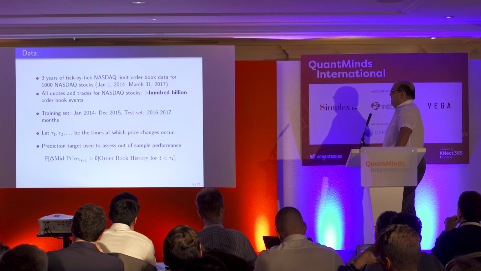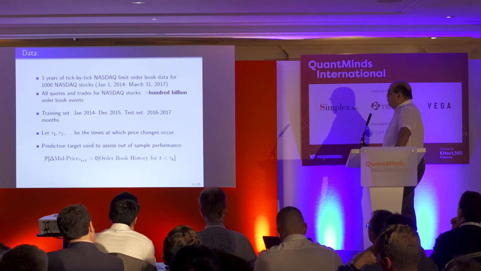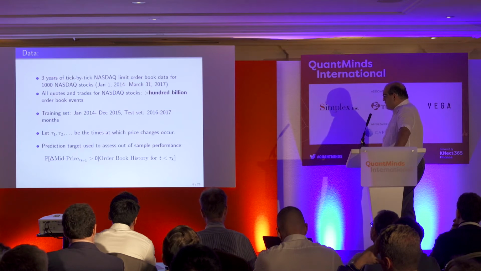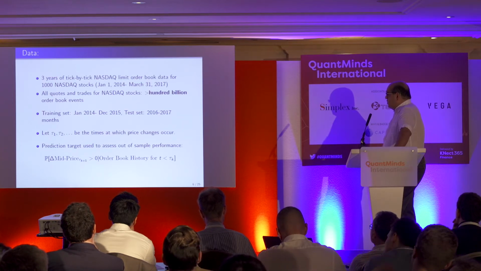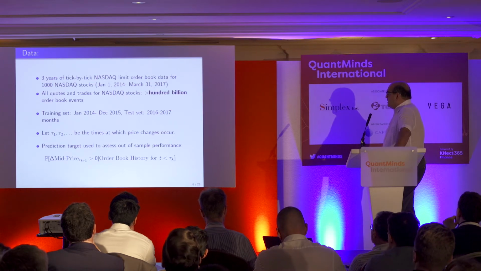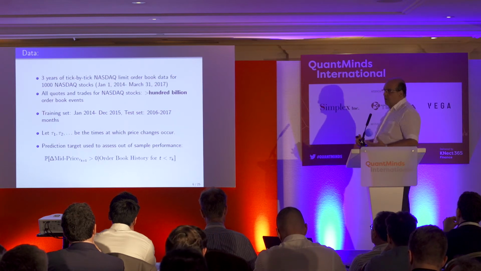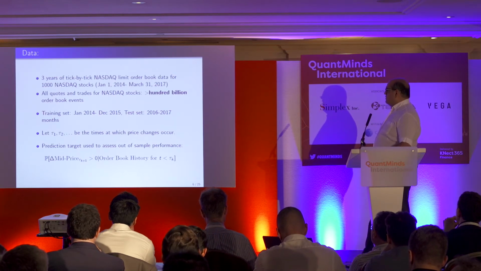So what is the data? The data used for training is 3 years of tick-by-tick NASDAQ limit order book data for 1,000 stocks. This data contains all the quotes and trades in the order book for all these stocks. There's something like 100 billion order book events. This is comparable to a lot of the applications in deep learning you see in other fields.